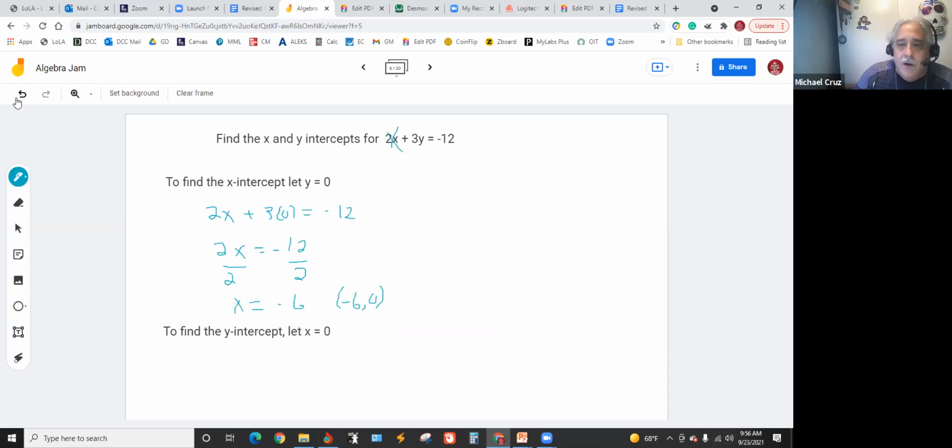So if you're wondering why I'm only putting 3y is equal to negative 12, I'm trying to simplify the process and show you that finding these x and y intercepts in this form is a real easy matter, because you're putting 0 in there, so that term goes away. So our y-intercept is 0, negative 4.